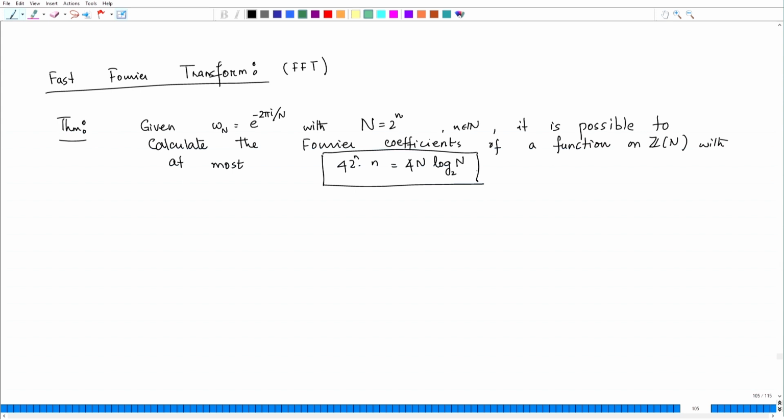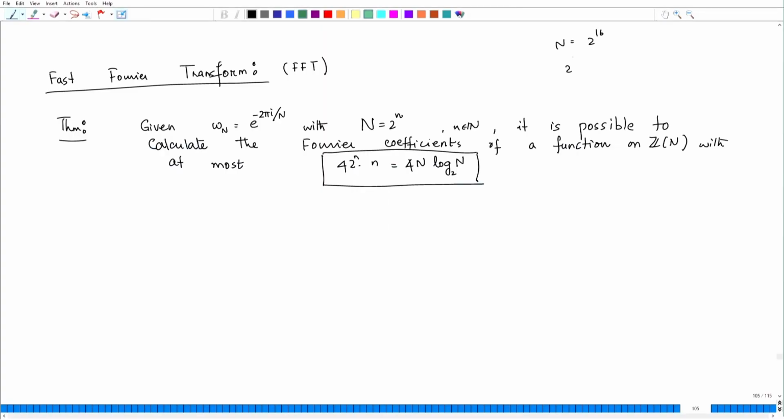Now, for example, let us compare this. Suppose I am taking N equal to 2 to the power 16. Then in our earlier approach this is going to be 2 to the power 32, which is 65,536 squared.